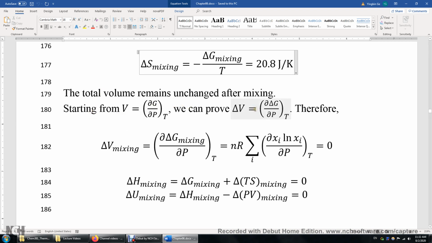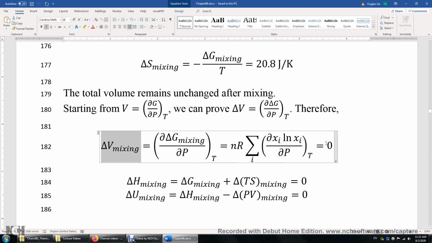And then delta V is simply the first derivative of delta G with respect to P. So we go from here to here by applying this equation to the initial state, that's before mixing, and to the final state, that's after mixing. And then we take the difference. We got this. And pay attention, because this delta G mixing does not depend on pressure, therefore, this is 0. Therefore, the volume change after mixing is 0.